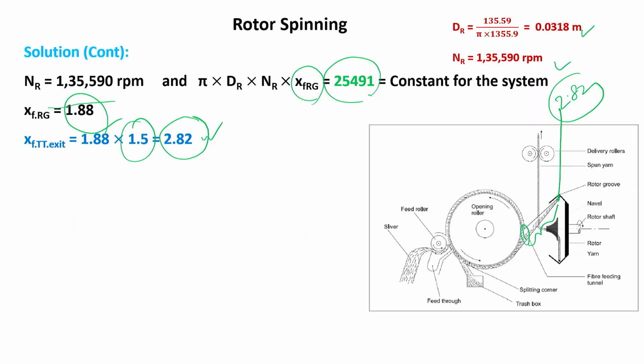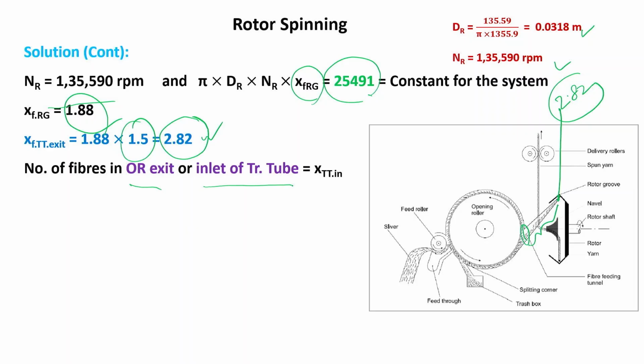The number of fibers in the cross section at the entry point is equal to the number of fibers on the opening roller surface. So the number of fibers at the opening roller exit, or the inlet of the tube, is XTT in, transport tube inlet.